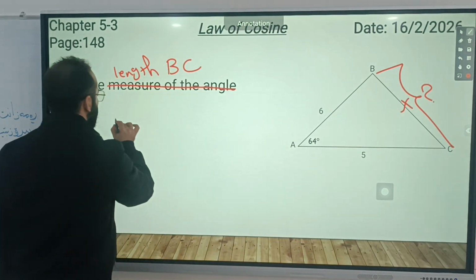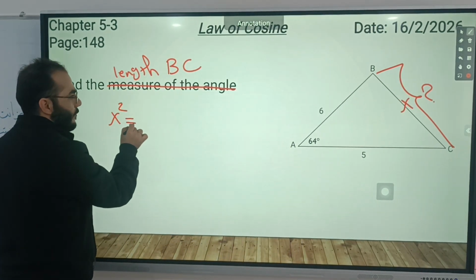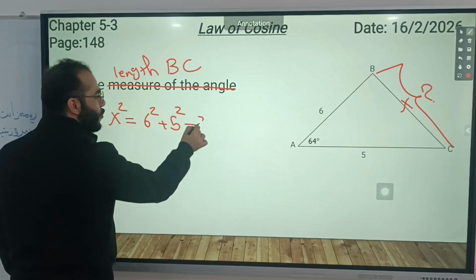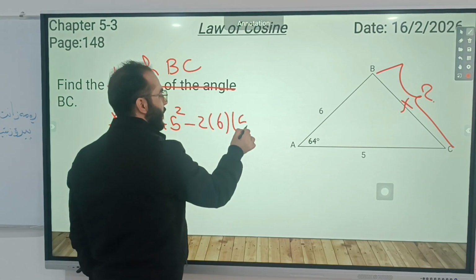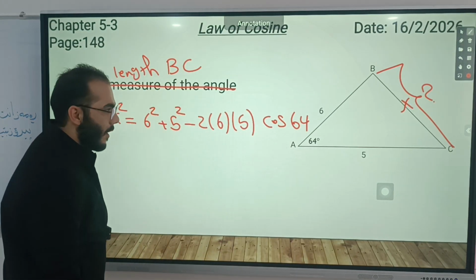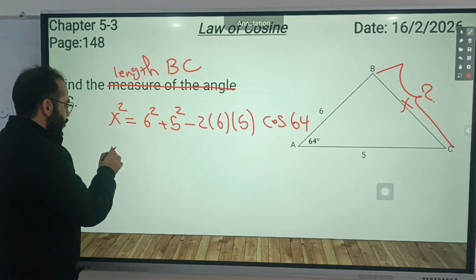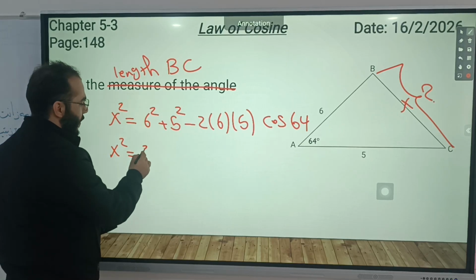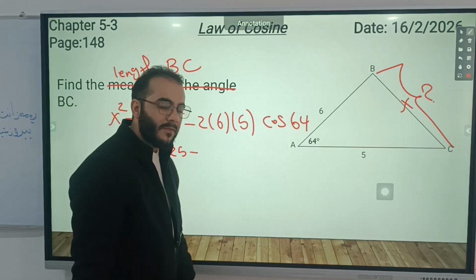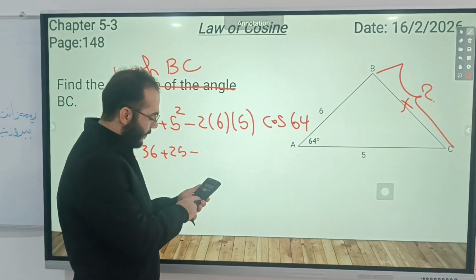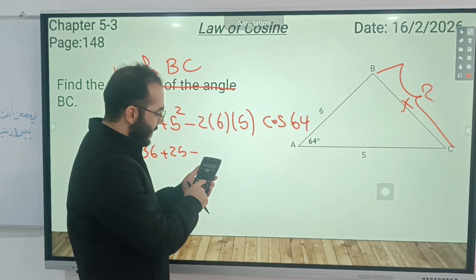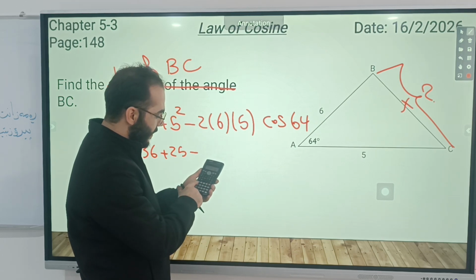Okay, so x squared equals 6 squared plus 5 squared minus 2 times 6 times 5 times cosine 64. Alright, perfect. So x squared equals 6 squared, 36, plus 25, minus 2 times 5 times 6 which equals 60, times cosine 64.